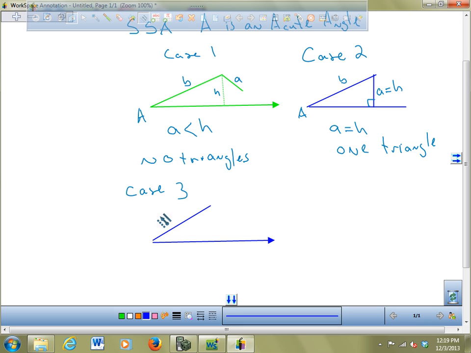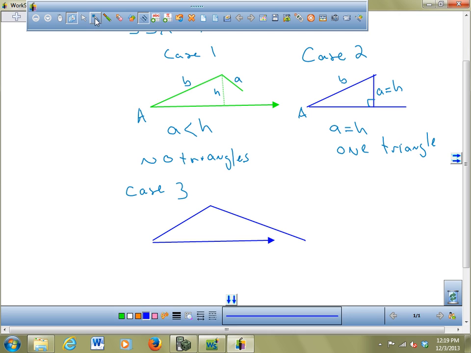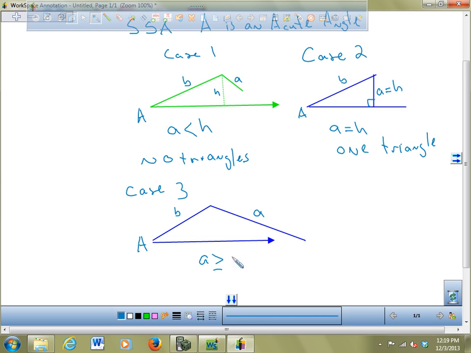Case 3. Let me look at my notes. Okay? In this case, here's B, here's A, here is angle A. In this case, A is bigger than or equal to B. How many triangles could I have?